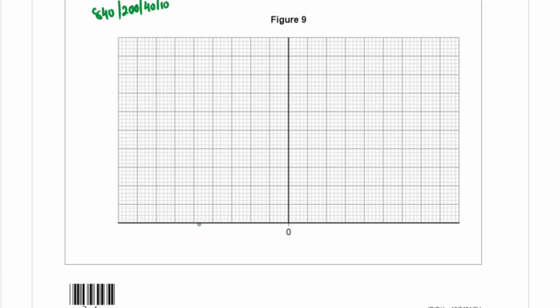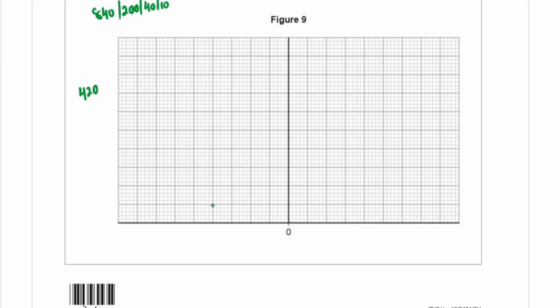Because this is 0, the bar has to be split into 2. 840 divided by 2 is 420 on both sides, so the biggest bar should be 420.